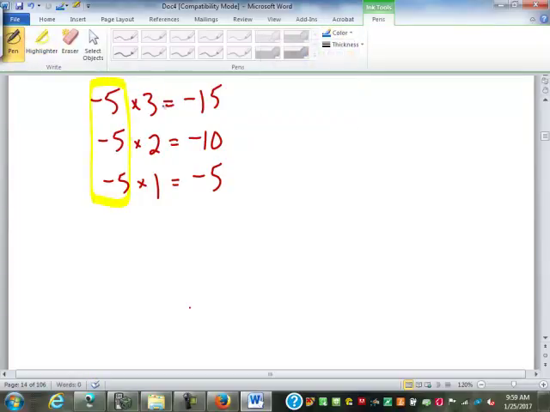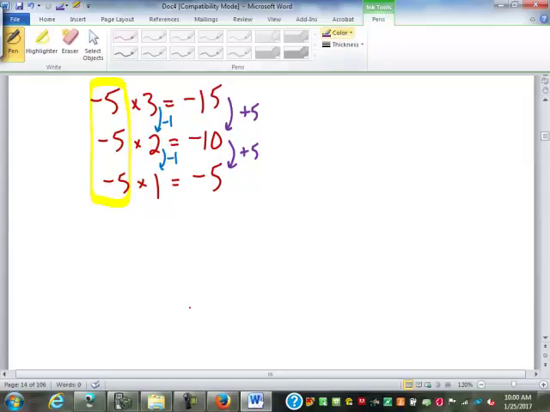And here, we reduced this by 1 each time, didn't we? We went from 3 down to 2, went from 2 down to 1. What happened to our answer each time? It went up by 5, right? It went from negative 15 up to negative 10. From a negative 10 up to a negative 5. We added 5 to it each time, right? Yeah, the negatives trick you up. Makes it look like it's getting smaller, right?